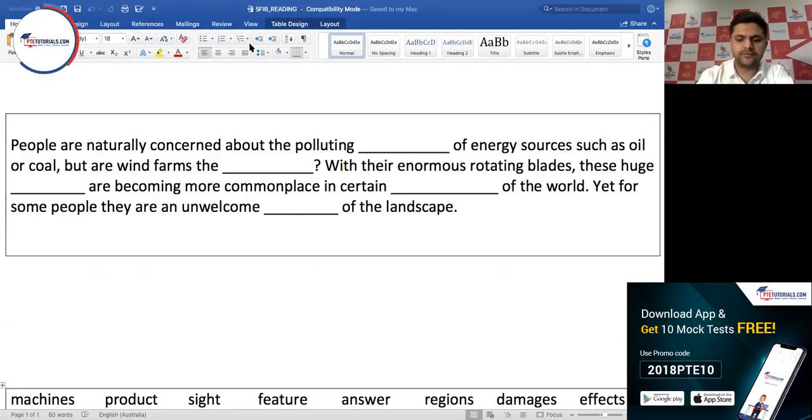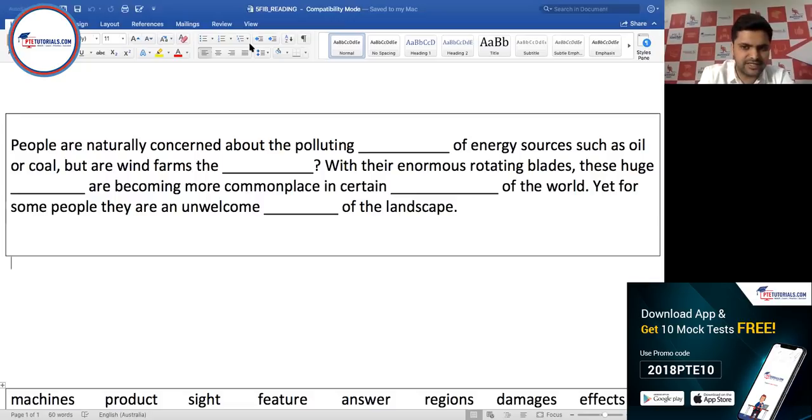Now, before we move to the first blank, understand that there are some keywords here giving you an idea about the entire passage. The keywords are people being concerned about the polluting energy sources, oil or coal, wind farms, enormous rotating blades, commonplace, world, unwelcome dash of the landscape.